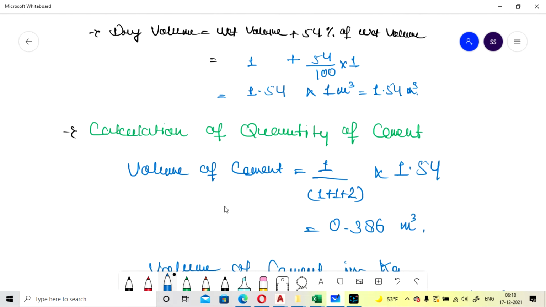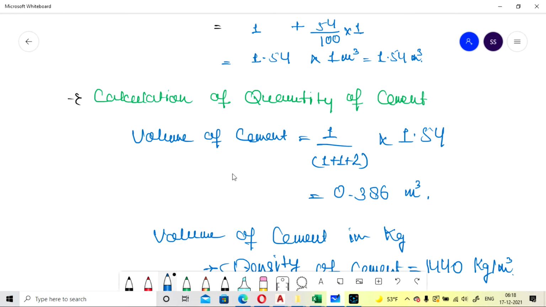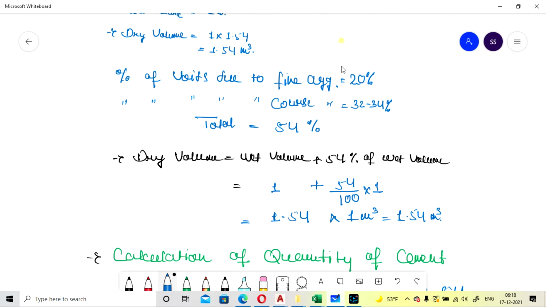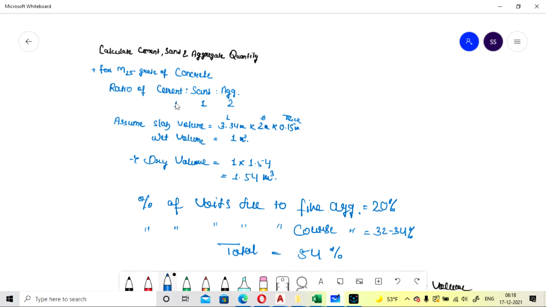So now we go for the quantity calculation of cement. The volume of cement will come as 1 divided by 1 plus 1 plus 2. So we have already seen that our ratio of cement is 1 and the sum of all the ratios is 4, that is 1 plus 1 plus 2.